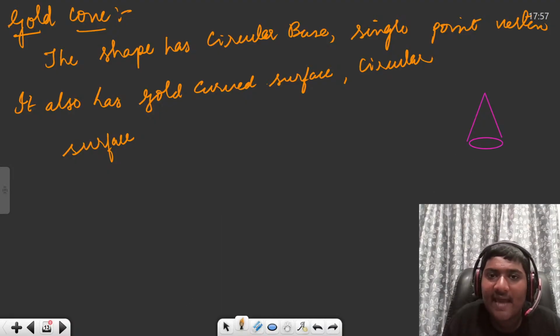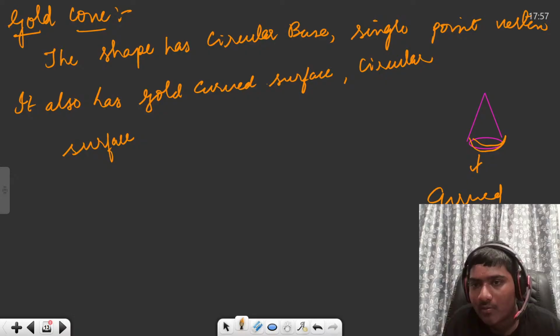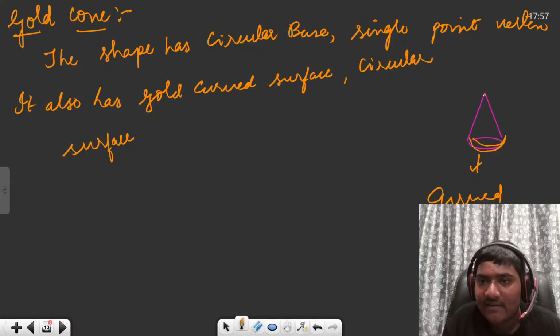It has a curved surface. So what do we call this? Curved surface, this one. And this is also called the circular surface.